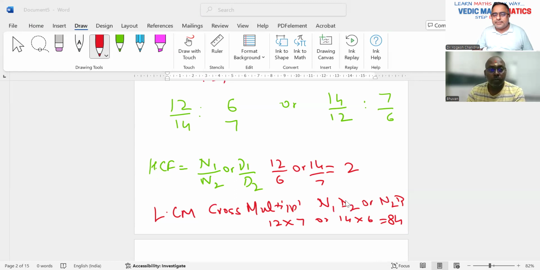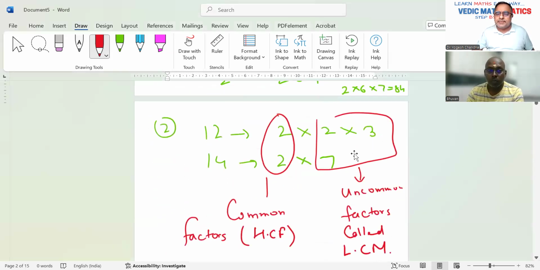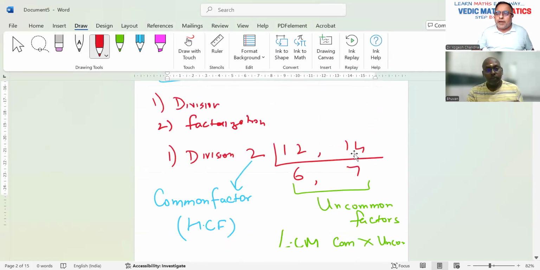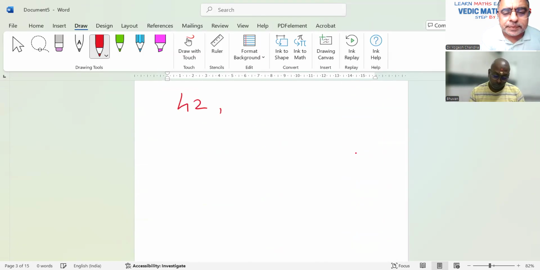Okay. So 2 digit is clear. Now find the HCF and LCM of 42 and 63. You have to find it by the Vedic maths method only. What is the HCF? What is the LCM?